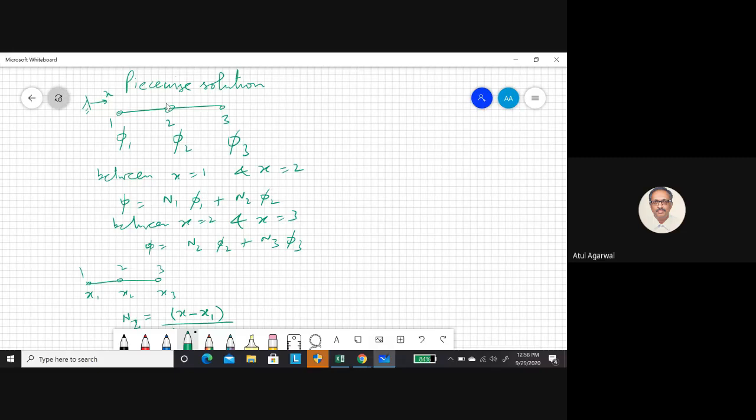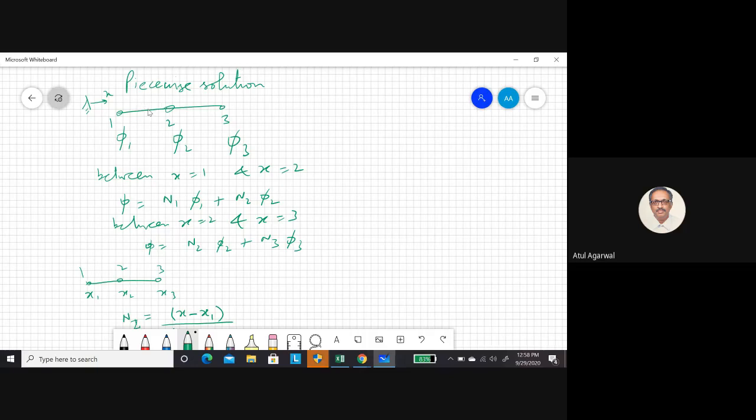At this boundary, your value of phi is phi 2. So the function value will be satisfied whether your point belongs to element 1 or element 2. At the boundary, you have a continuity in the value of phi. But you cannot say the derivative is continuous. You will find the derivative may have a jump here.